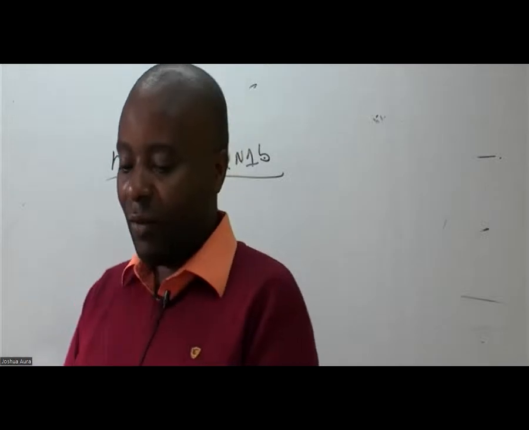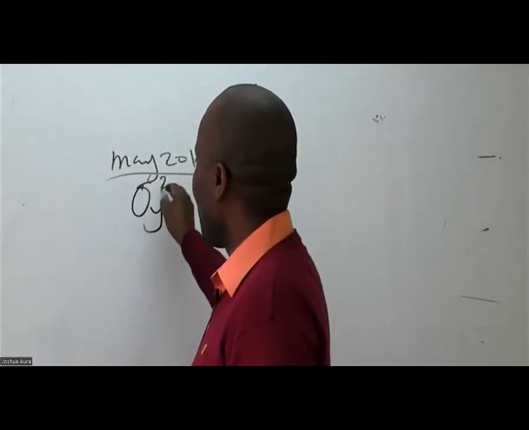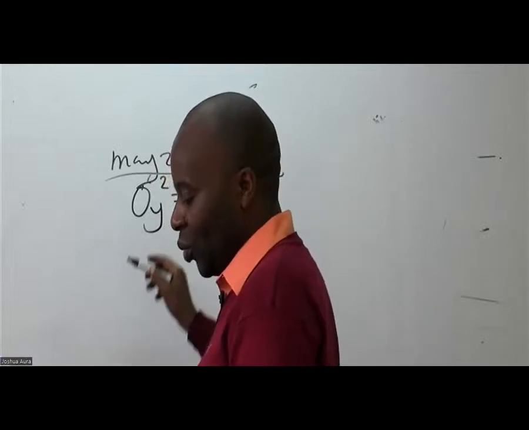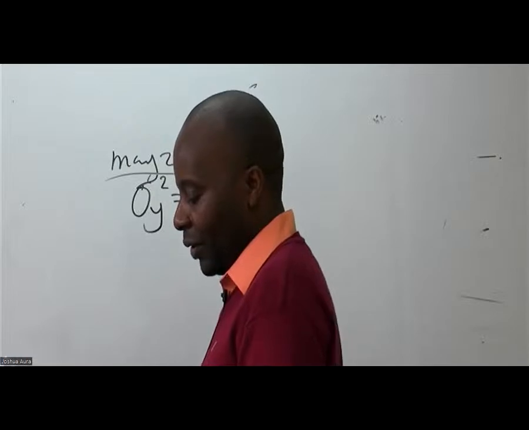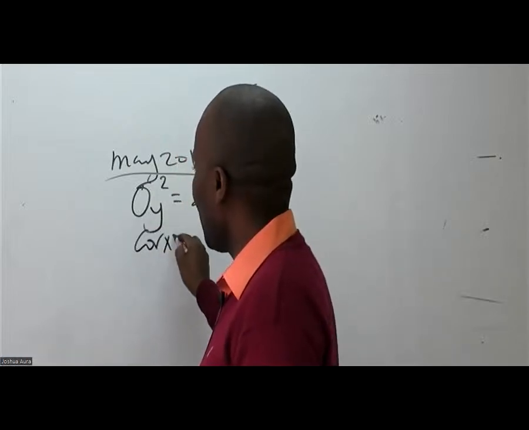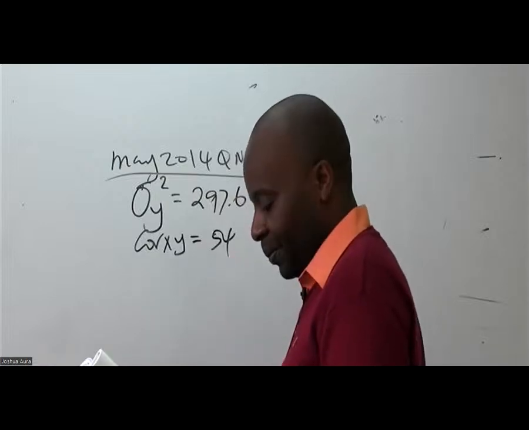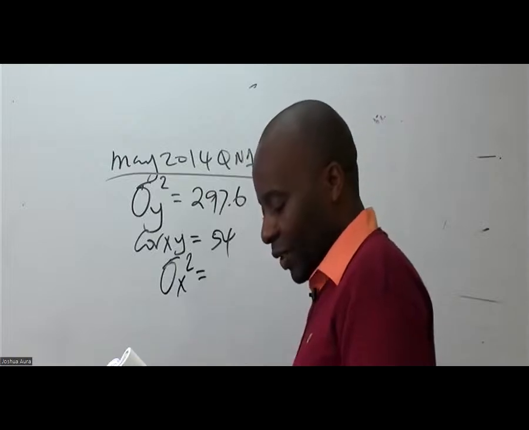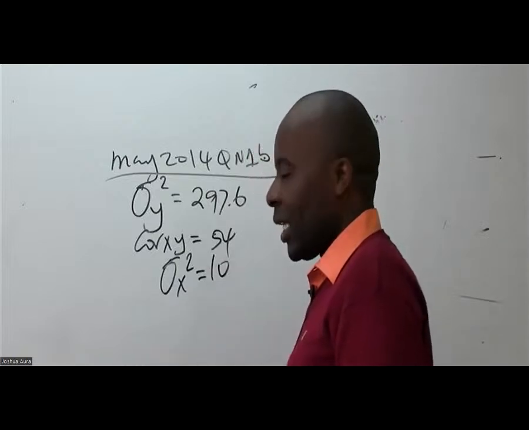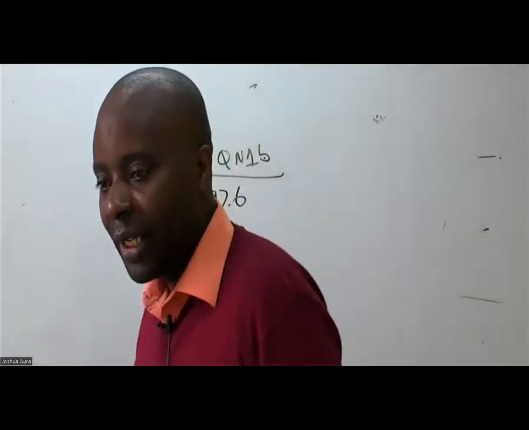So they've given us here variance for Y. So the variance for Y has been given as 297.6. We have the covariance between the two. XY covariance has been given as 54. And then we have the variance of asset X. So variance of X is 10.